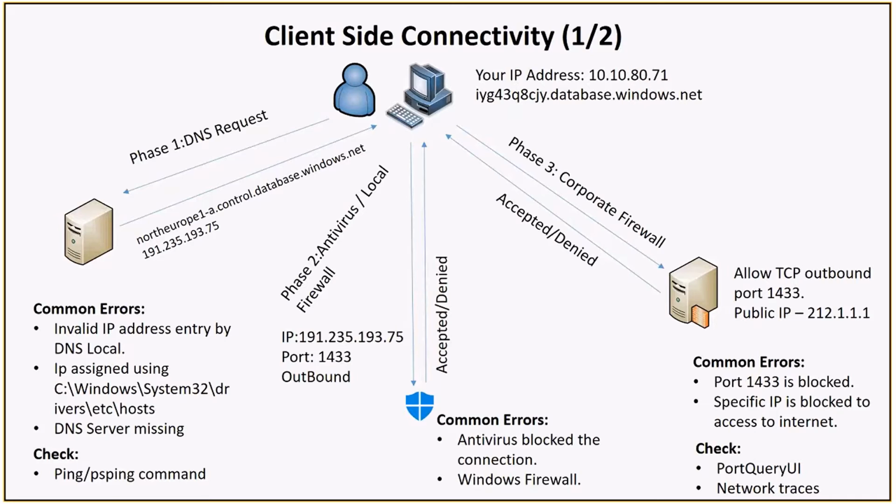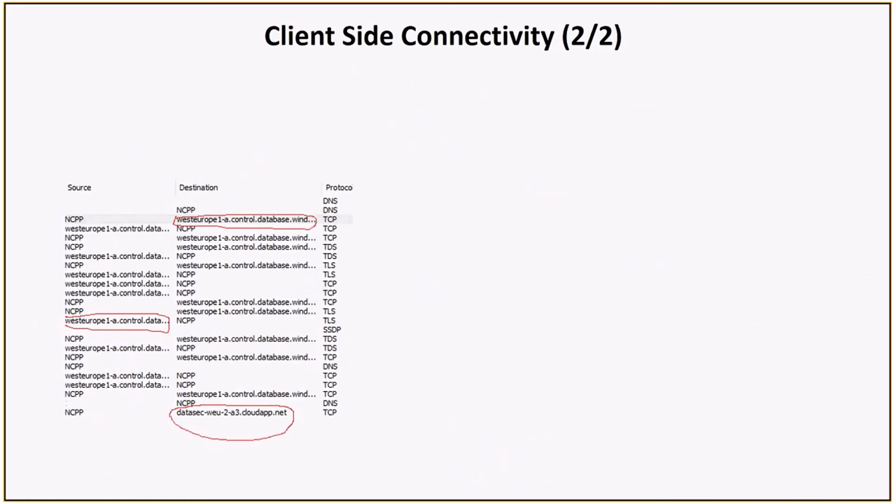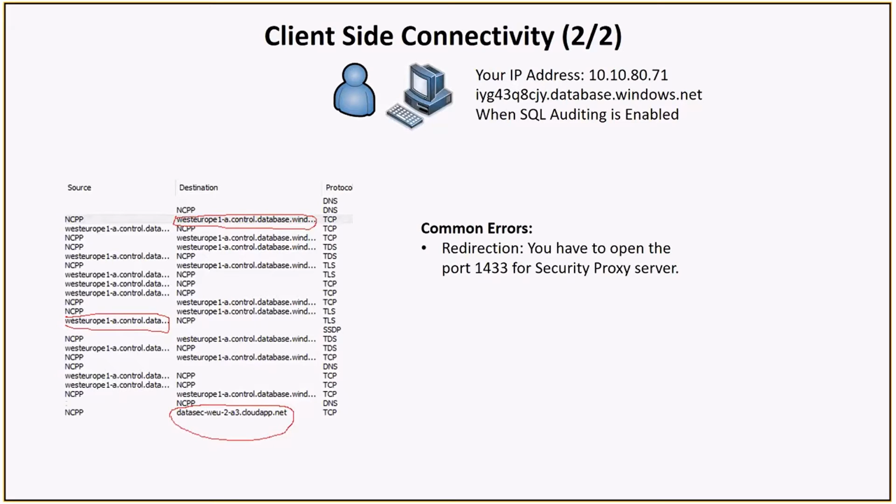Thank you, Ragda. Another specific situation that we could face is when we have enabled SQL Auditing. Please be aware that we need to open the corporate firewall to the IP address of the West Europe or North Europe data center, and also to the proxy server that we have for SQL Auditing.